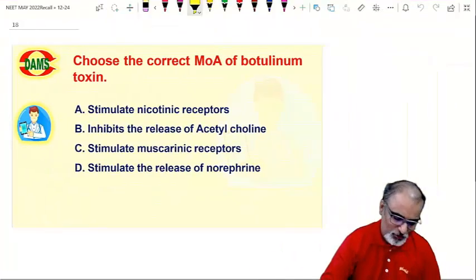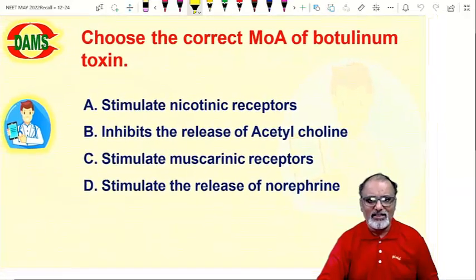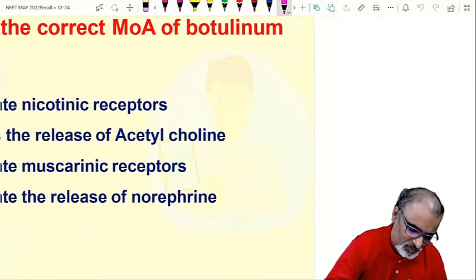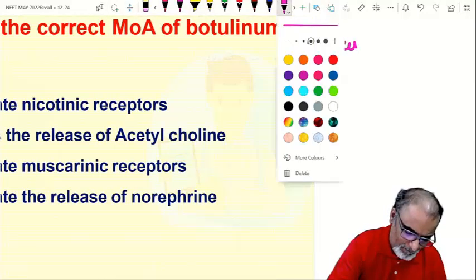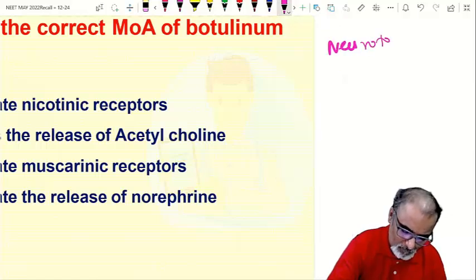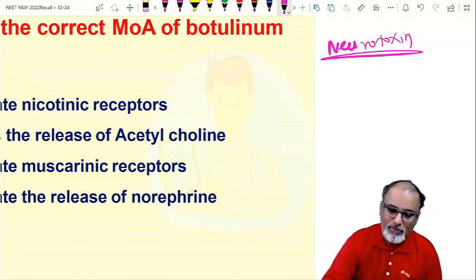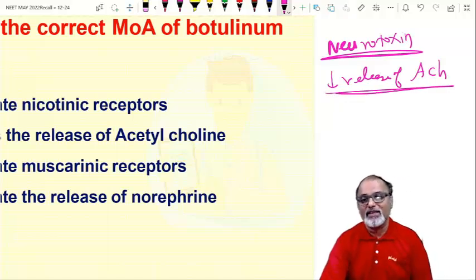Next is, choose the correct mechanism of action of botulinum toxin. It's a direct question. Botulinum toxin is a powerful neurotoxin, an exotoxin. All are neurotoxins except C2, which is an enterotoxin. Its main function is that it inhibits the release of acetylcholine at the neuromuscular junction, the presynaptic area.